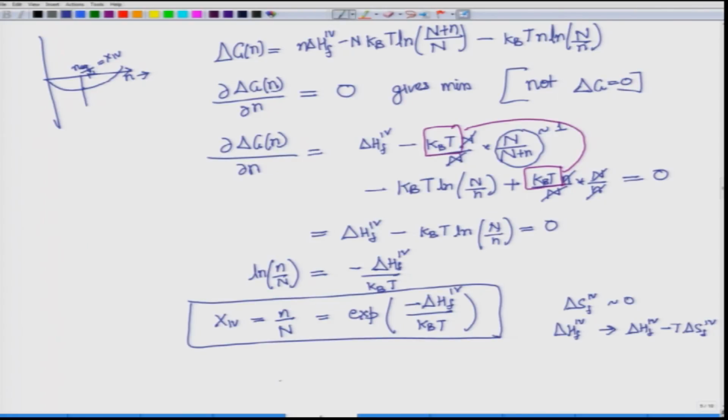So, the more accurate form of this equation would be, since this is an exponential, we can just multiply the two terms. The first term will have minus and minus, so it becomes plus, and it has T in the denominator. So, it becomes independent of T and it becomes exp of delta S_F by k_B times the same exponential term that is here.